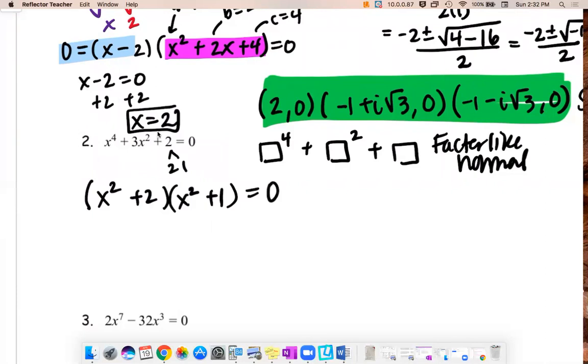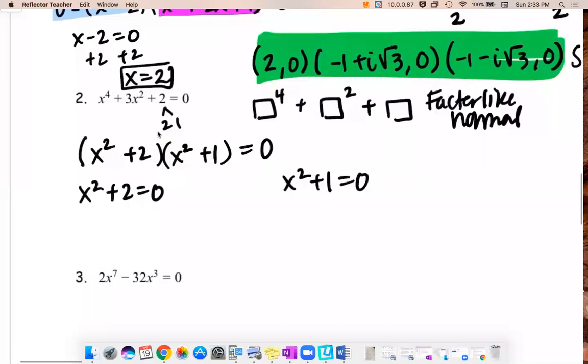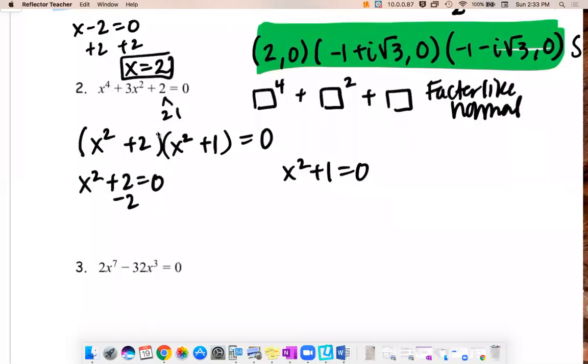So you have x squared plus 2 equals 0, and x squared plus 1 equals 0. Okay, so let's subtract 2. In this one, you get x squared equals negative 2. Now to get rid of the squared, you take the square root of both sides. Remember, when you do this, you have to put a plus or minus in front. So on the left side, this just becomes x, equals plus or minus the square root of negative 2.